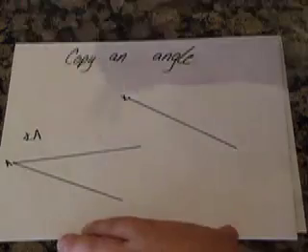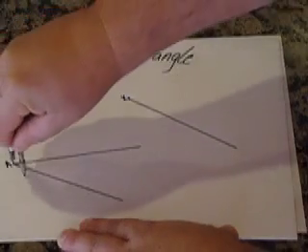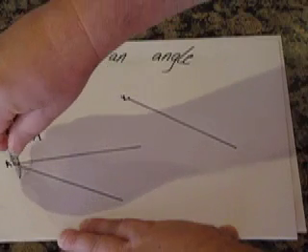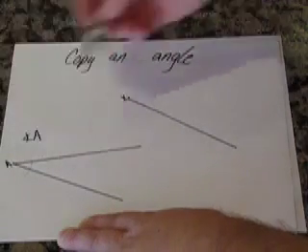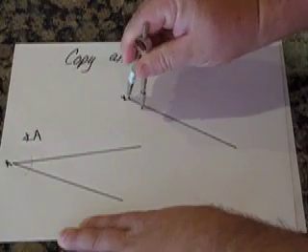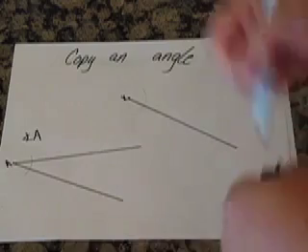The way you do this is you take your compass and you put it on angle A and you measure equal distances out on angle A so that this segment and this segment will be exactly the same. So I'm going to do that at X as well. I am going to copy that. So what do the marks look like?